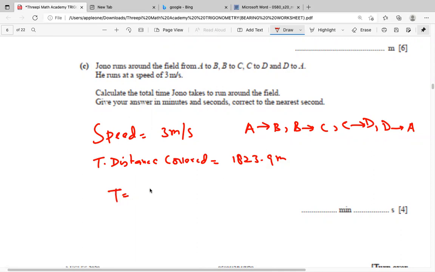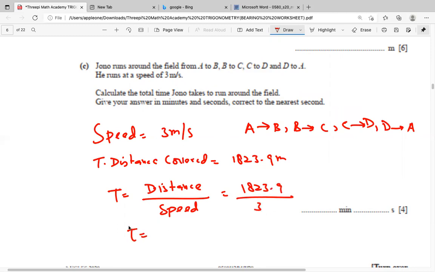So time is equal to distance divided by speed. So distance is 1823.9, speed is 3. So time is divided by 3. This results in 607.97 seconds.